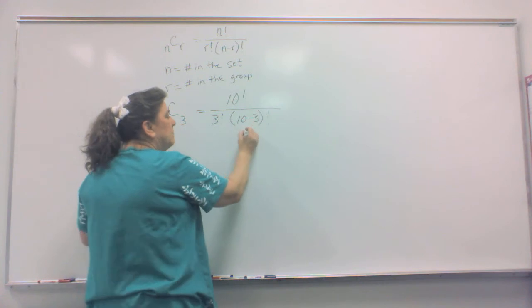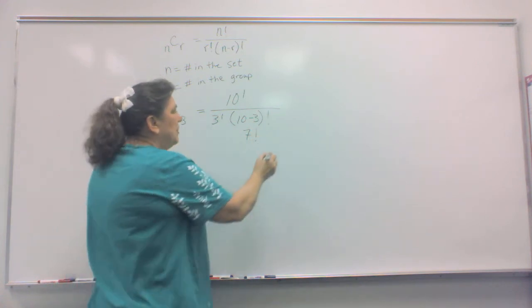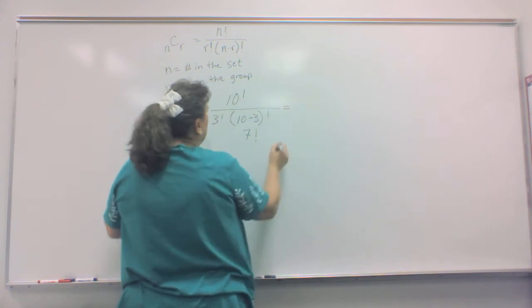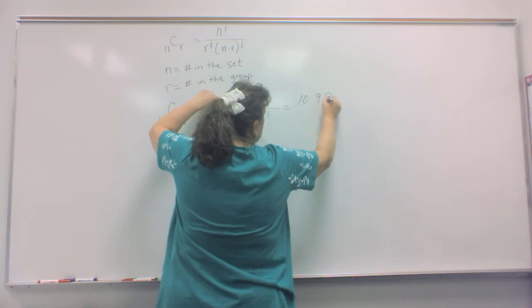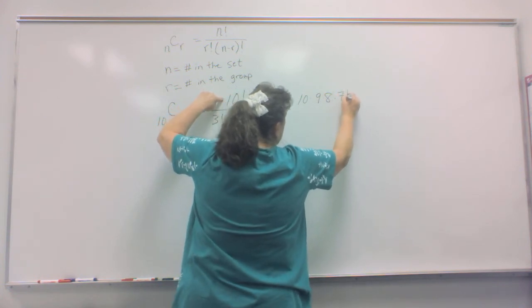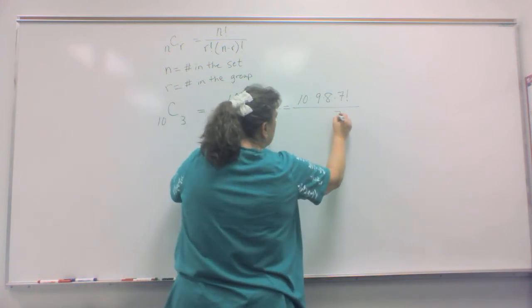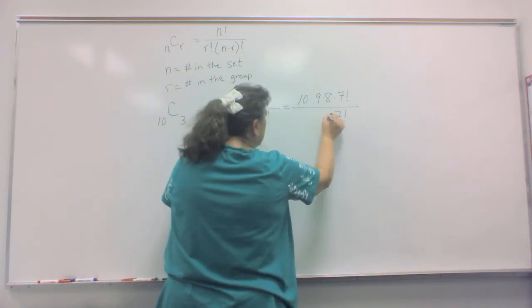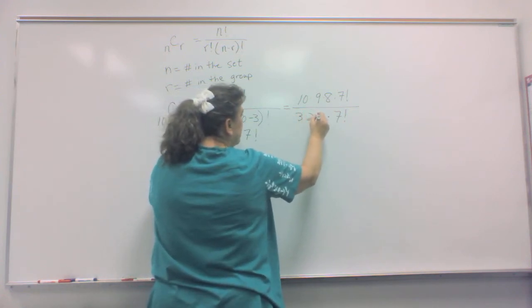And again, 10 minus 3 gives you 7 factorial. So I'm going to do just like the other one. We're going to go 10 times 9 times 8 times 7 factorial. Then this 7 factorial is going to stay as a 7 factorial times my 3 factorial, which is 3 times 2 times 1.